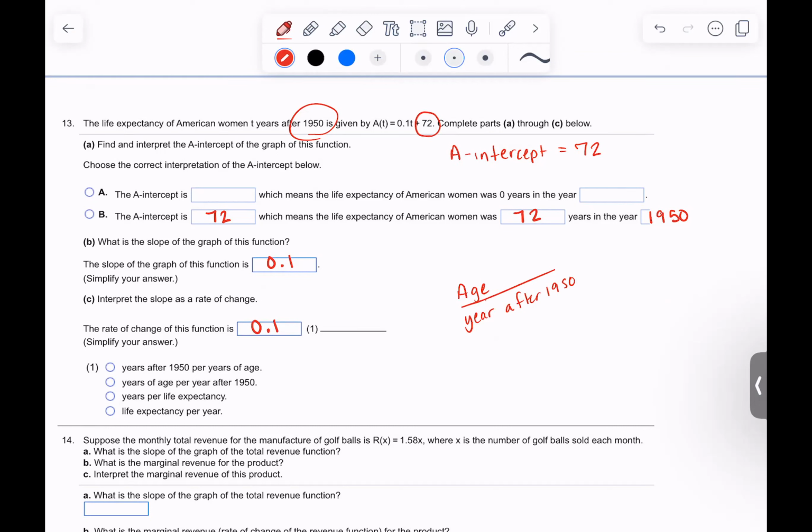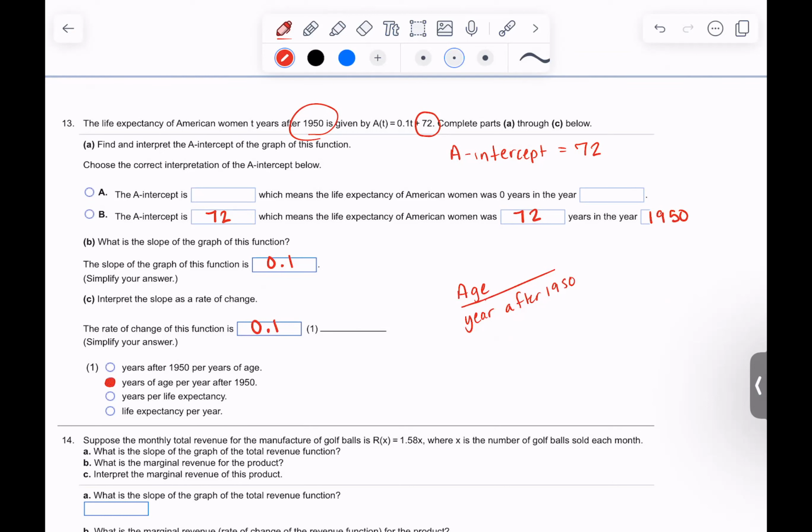So which one is that? Years after 1950 per years of age? No. Years of age per year after 1950. Well, that sounds better. Years per life expectancy? No, it can't be that. Life expectancy per year? No, it's going to be this one. It's going to be the second choice.